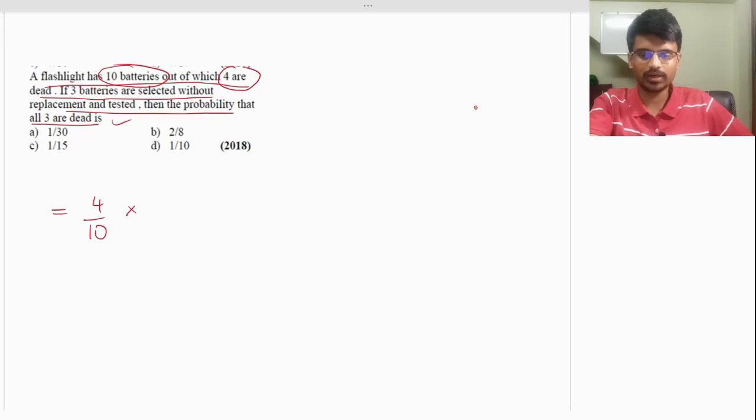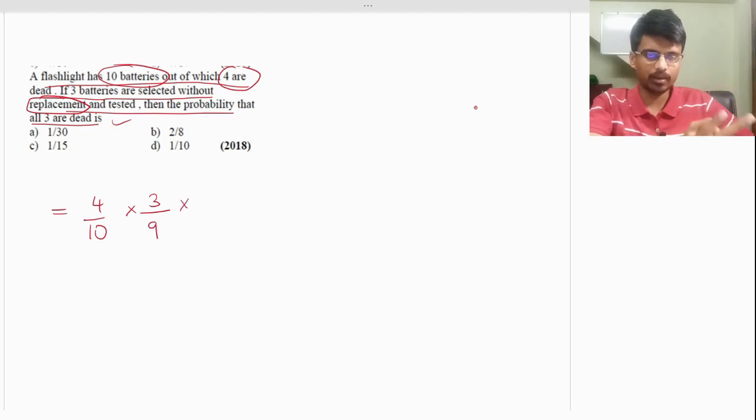What is the probability that the second battery is dead? Because it is saying without replacement, now one battery I have picked and it is dead. Now there are only 3 dead batteries remaining out of 9 batteries.